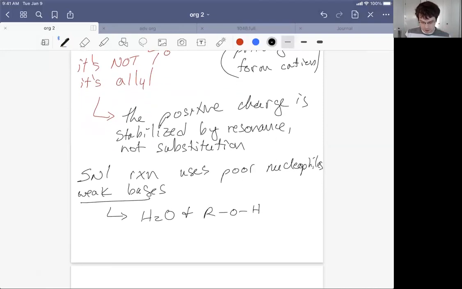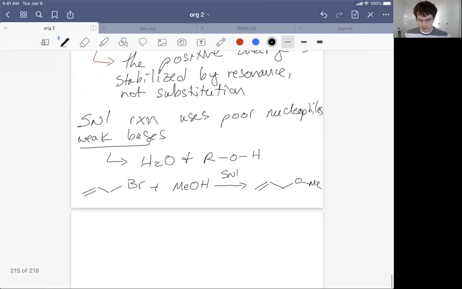So what that means is we could take an allyl bromide, for example, and react it with methanol and go through an Sn1 pathway to give rise to this product. The mechanism for this looks like this. With bromine, it walks away to give rise to the carbocation.